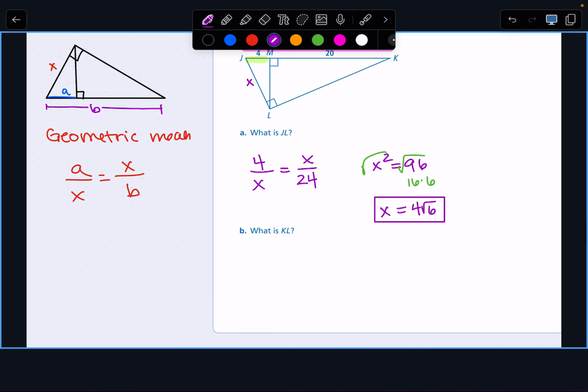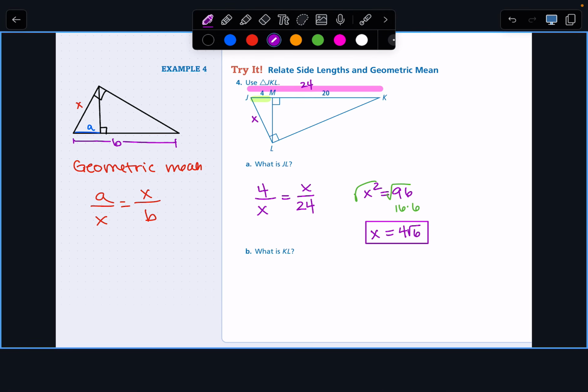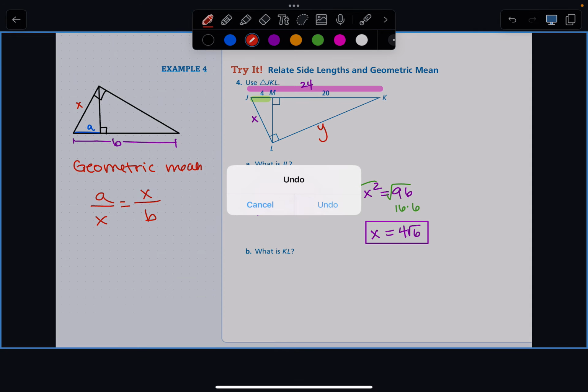All right. Now, what about KL? Let's call KL Y. Ty, what numbers are important if I'm going to solve for Y? I'm asking Ty.